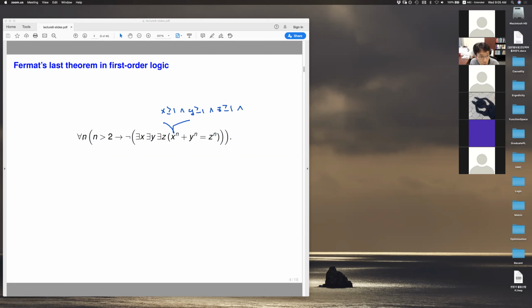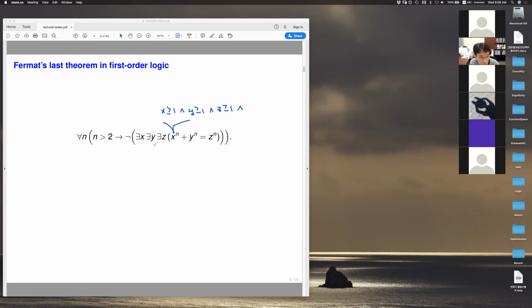It says that for all n, where quantification ranges over all the non-negative integers, if n is greater than 2, then there is no solution of this equation, x to the power of n plus y to the power of n equals z to the power of n, where by solution we mean integers x, y, z that are greater than or equal to 1.